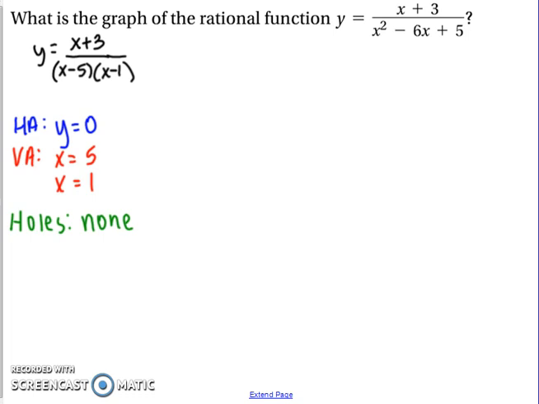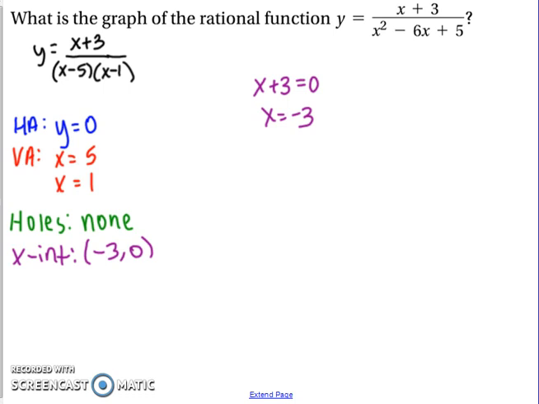The x-intercepts, I'm going to take the numerator, x plus 3, and set it equal to 0. So x equals negative 3. So my x-intercept is going to be negative 3, 0.